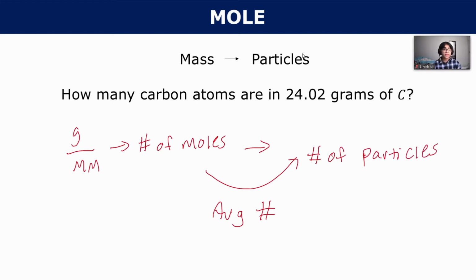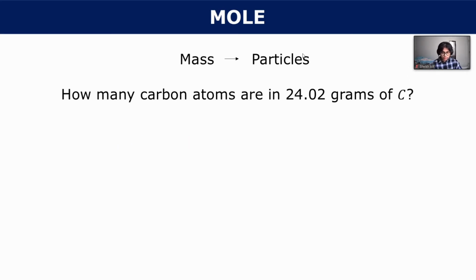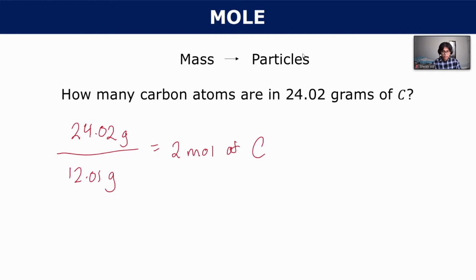So let's see what that comes out to, right? We have 24.02 grams of carbon, and we know that the molar mass of carbon is 12.01 grams. So that means we're going to have 2 moles of carbon. And so multiplying by Avogadro's number is going to give us the number of carbon atoms in 2 moles of carbon.